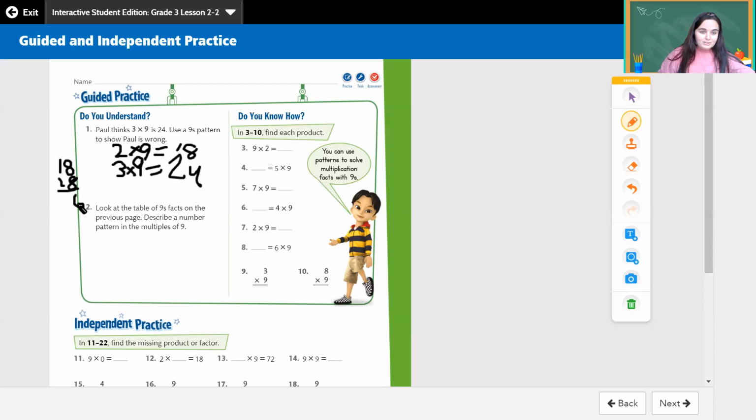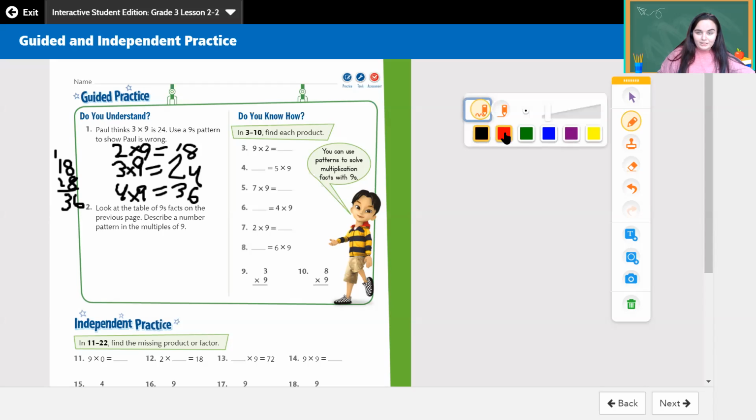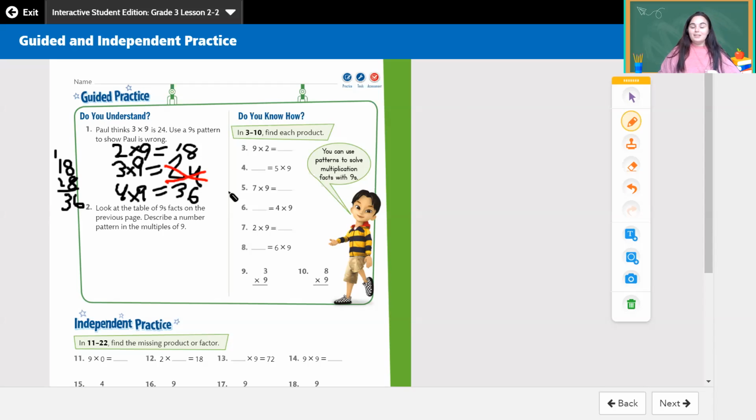So again, going back to our addition section over here, coming up to 36, we can say 4 times 9 is 36. Okay? So we know for a fact that he was wrong here because 24 is not 9 less than 36. It's also not 9 more than 18. Okay? That is how you can prove, using a pattern here, that he was wrong in this case.